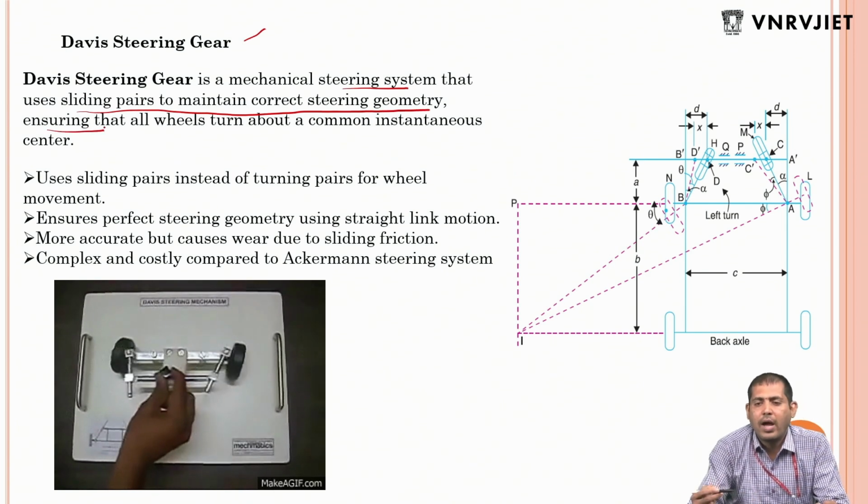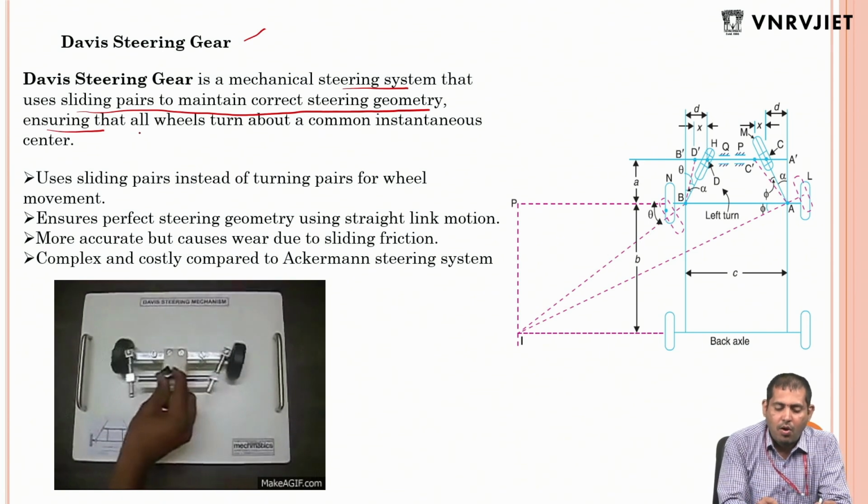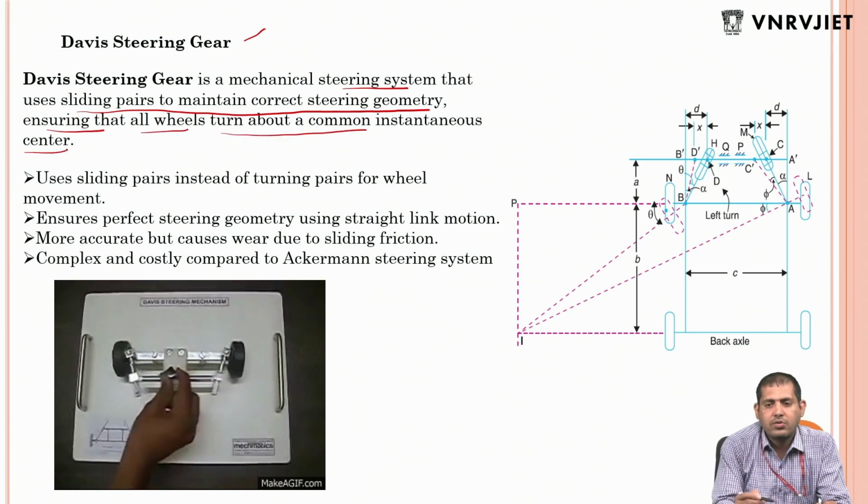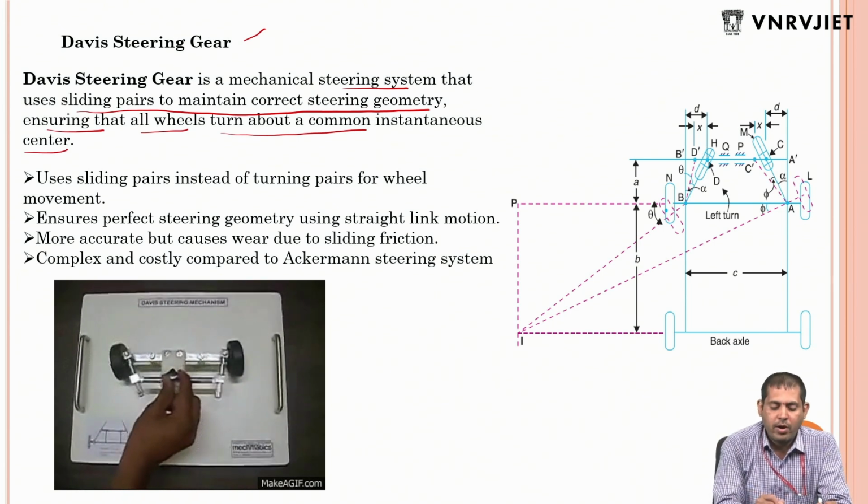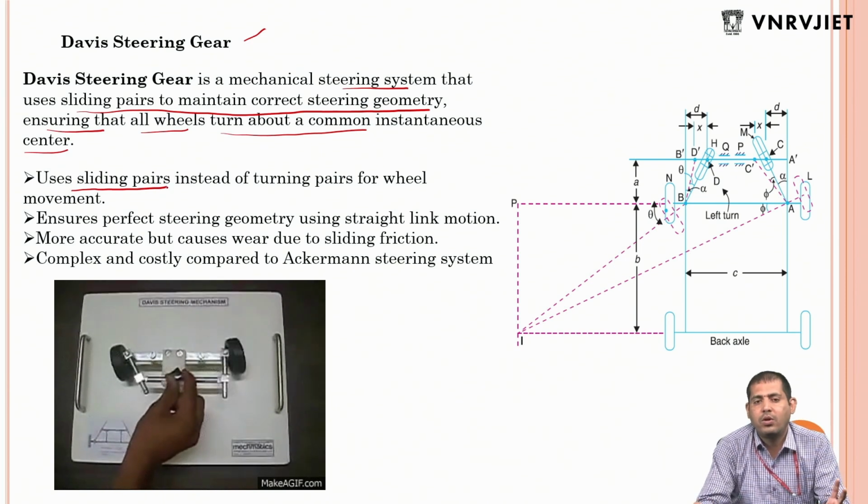In general, it is more accurate as compared to the Ackermann steering gear. All the wheels turn about the common instantaneous center, same as before. Now, a few important points. It uses sliding pairs. In the earlier case we used only turning pairs, but here we use two turning pairs and two sliding pairs.